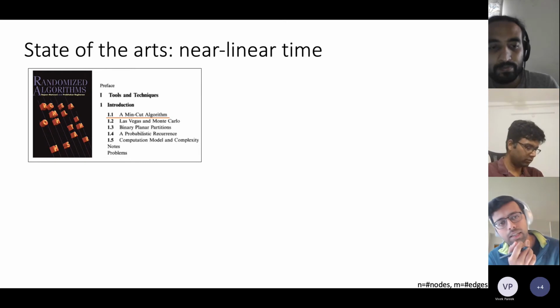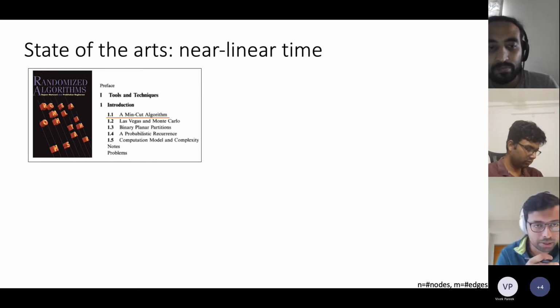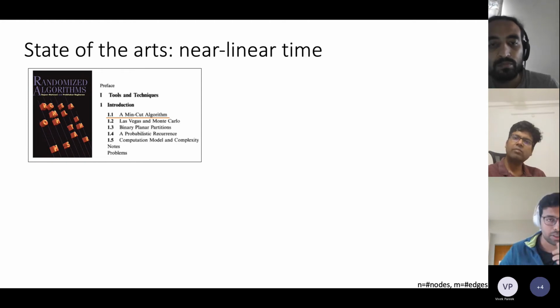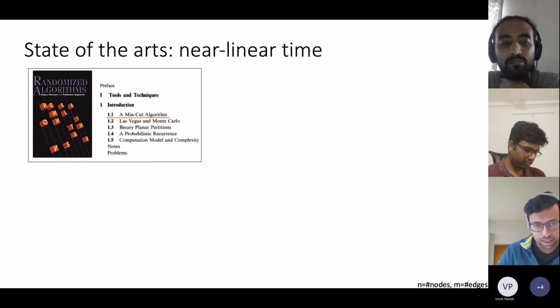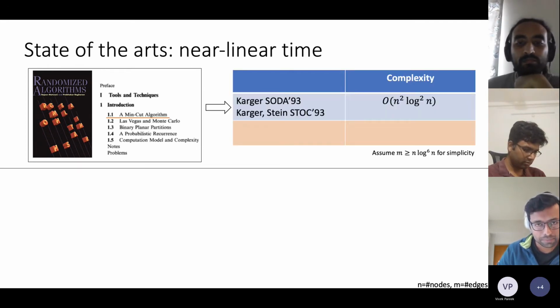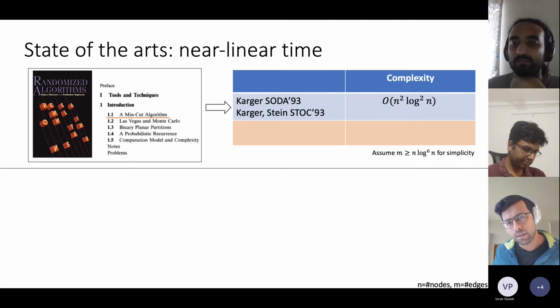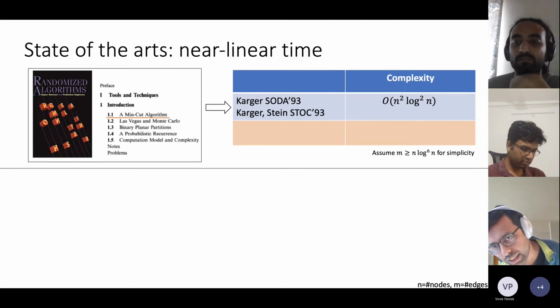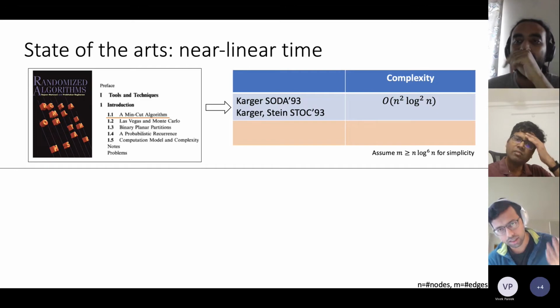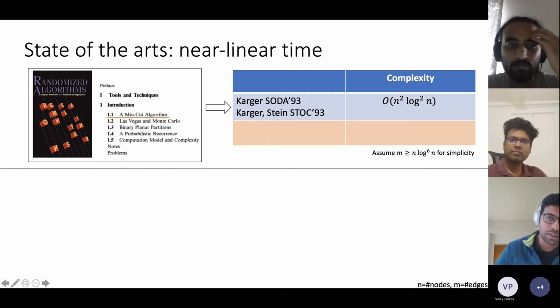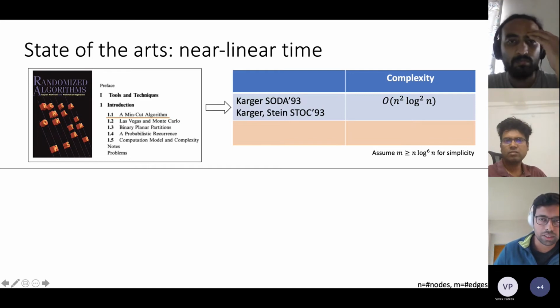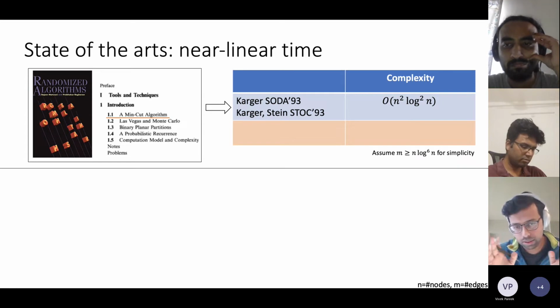If you look at the book that is usually taught when randomized algorithms are taught in courses, usually the first chapter has a min cut algorithm in it. This is by David Karger, and later improved by Clifford Stein and David Karger, where the complexity is n squared log squared n.